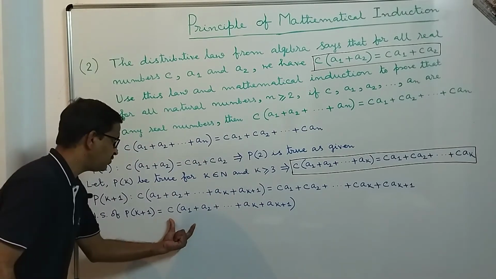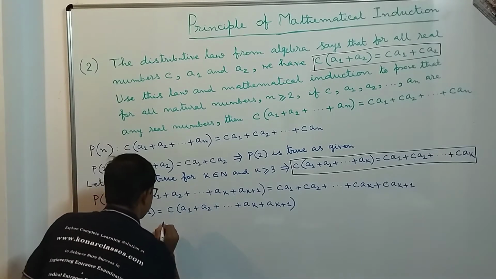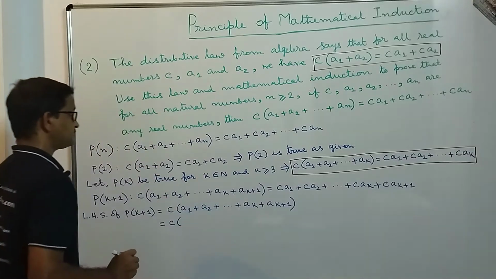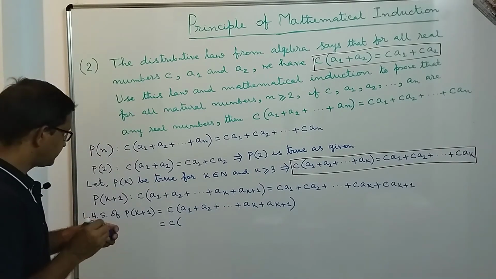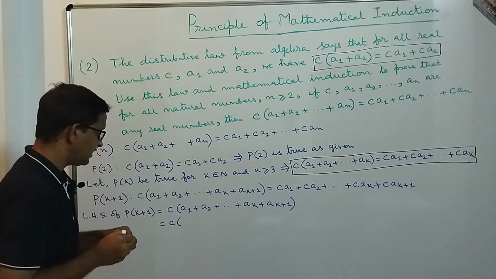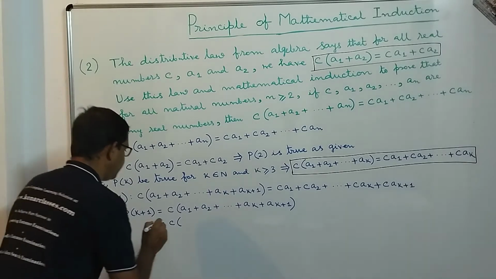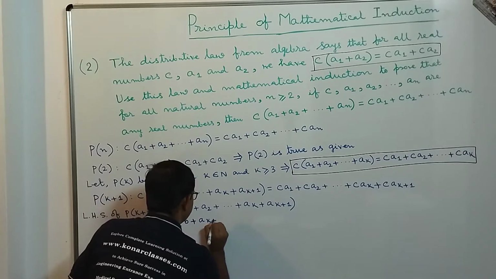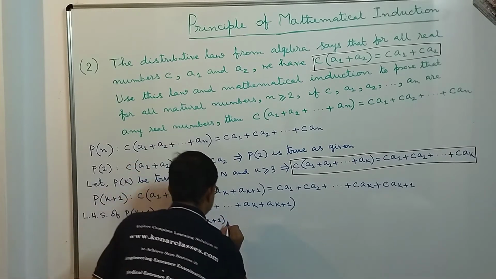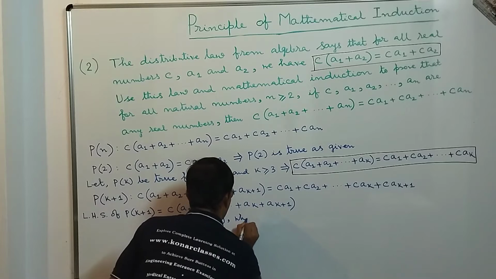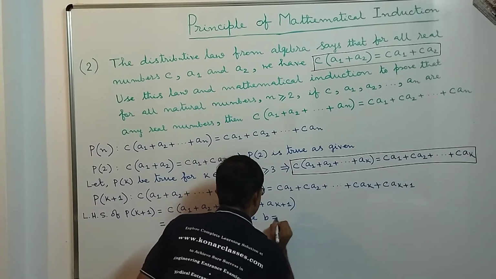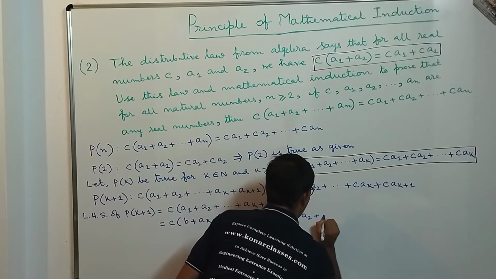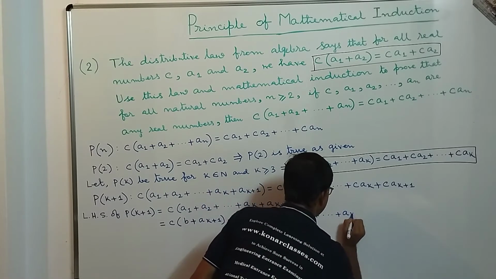Now, recalling the distributive law, let us write this as C into (B plus A k plus 1), where we take B equal to A1 plus A2 up to Ak.